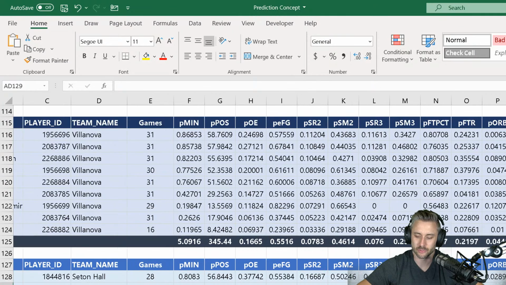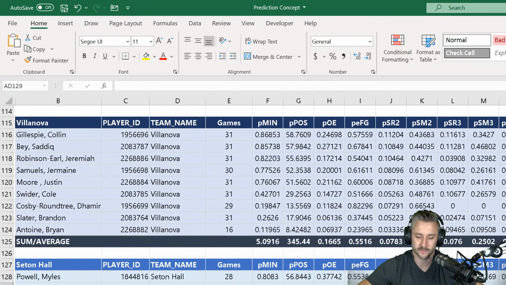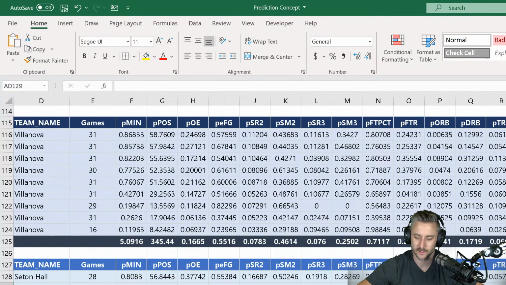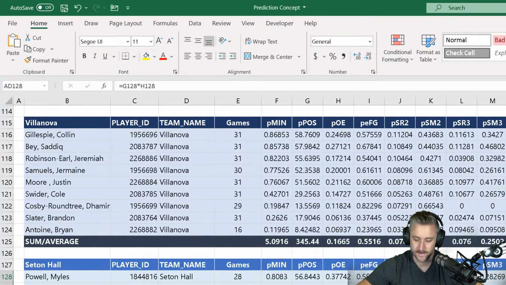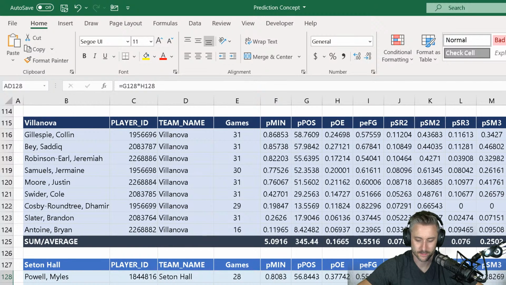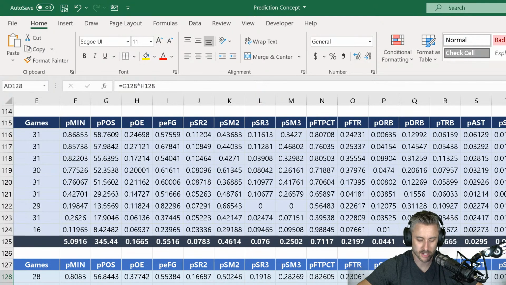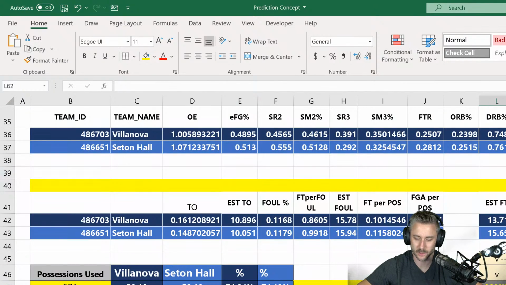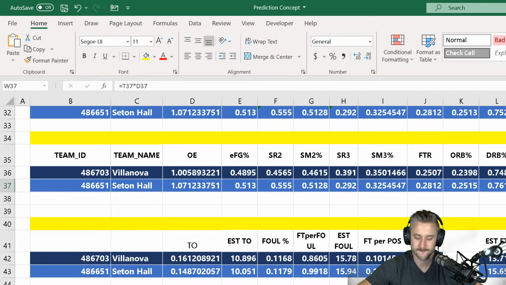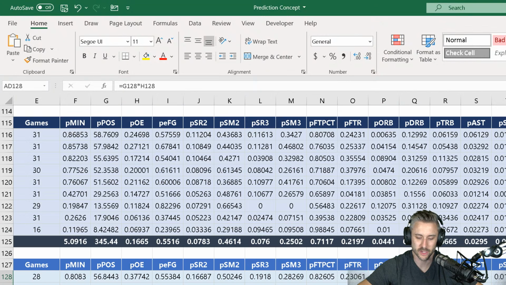Miles Powell expected to score 21.45 points. If I add all that up, you get 80.96. Which was a lot less than the 72.4 we got up here. So I don't know if that's the best way to determine how many points a guy's going to score.